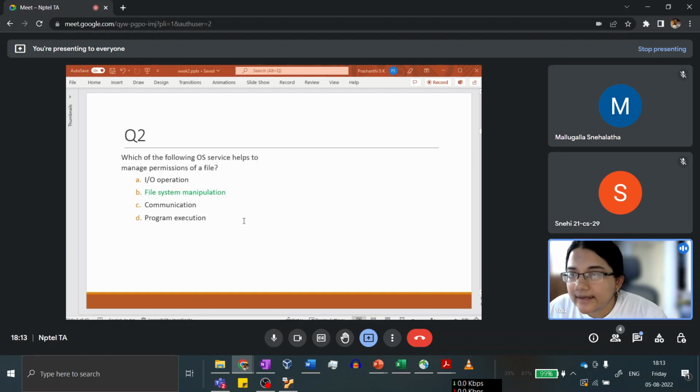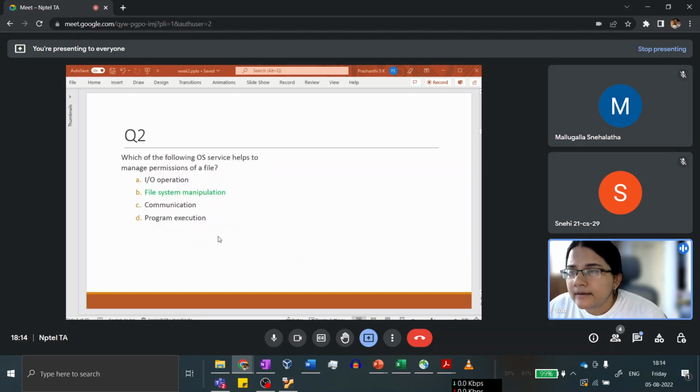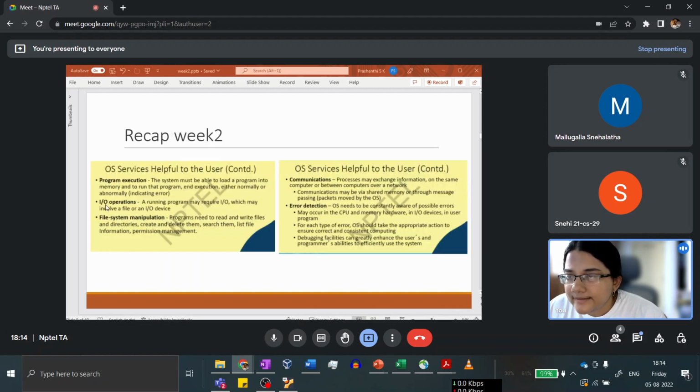Okay, let's look at the answer now. The right answer for this was file system manipulation, and let's look at these again because that will make it clear. File system and IO might be kind of similar, right? They are in fact different abstractions of possibly the same thing. But in terms of the OS services itself, the IO operations are directly interacting with the IO device, whereas the file system manipulation is taking care of things like permissions.